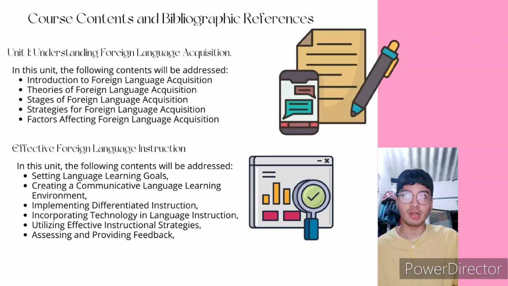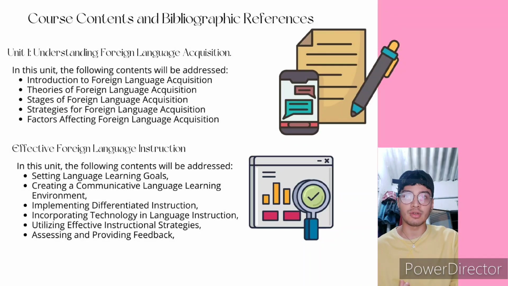For the learning, the course content bibliography reference is as follows. Unit 1, Understanding Foreign Language Acquisition. In this unit, the following contents will be addressed: introduction to foreign language acquisition, theories of foreign language acquisition, stages of foreign language acquisition, strategies for foreign language acquisition, and factors affecting foreign language acquisition.